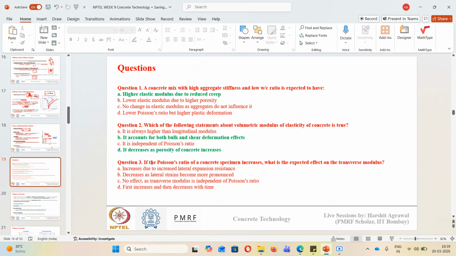Question number 3. If the Poisson's ratio of concrete increases, what is the expected effect on the transverse modulus or shear modulus? Can anyone tell me?